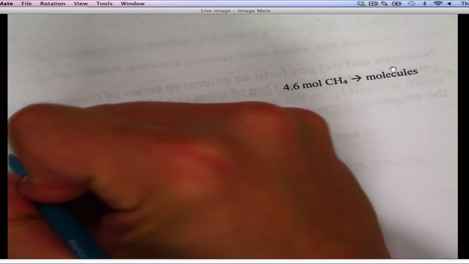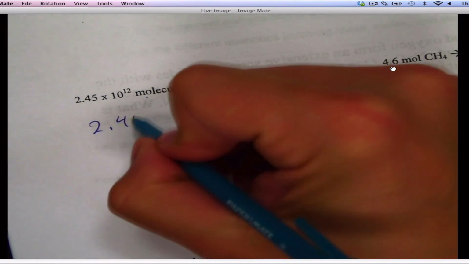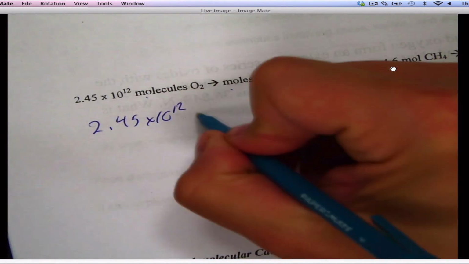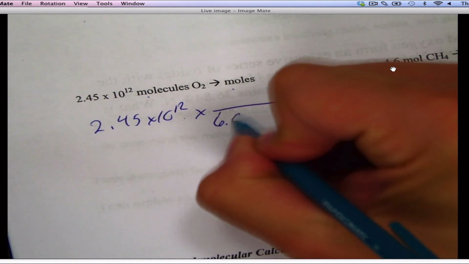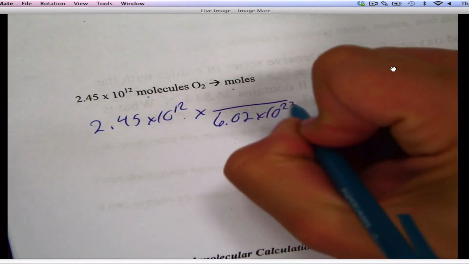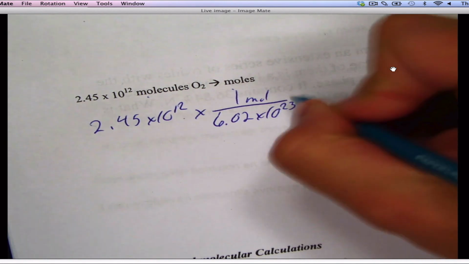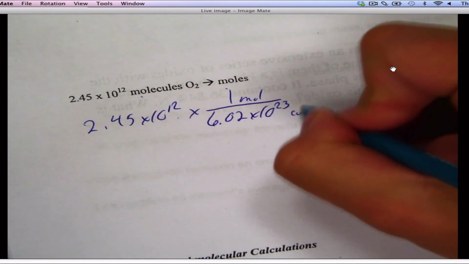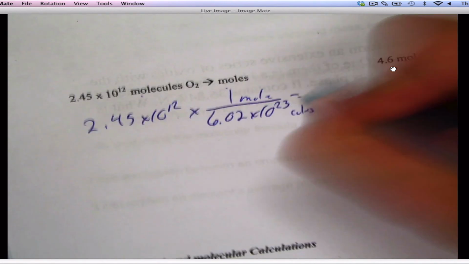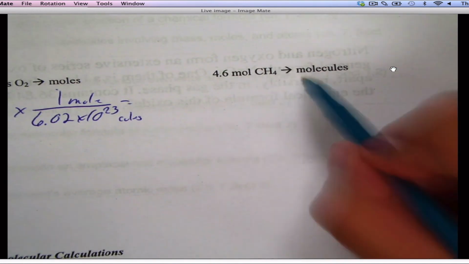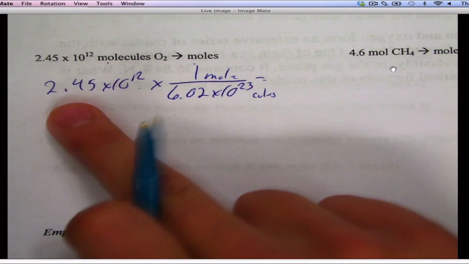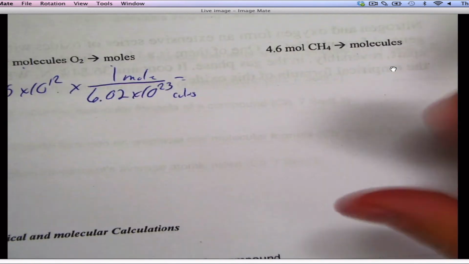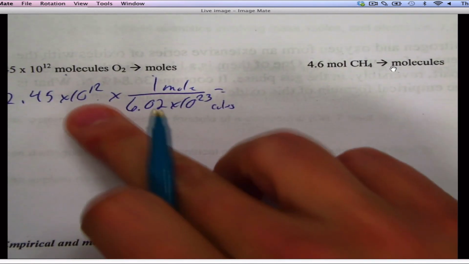So 2.45 times 10 to the 12th molecules, divide by Avogadro's number, and moles go on top. Notice this is molecules, and then the molecules should cancel out. So there's your setup for that one. You should just be dividing this by that. Make sure you punch in your calculator right. If you don't know how to punch in your calculator, we'll talk about that in class.